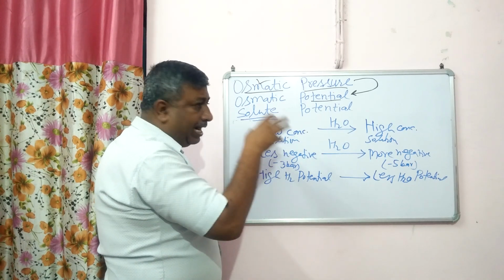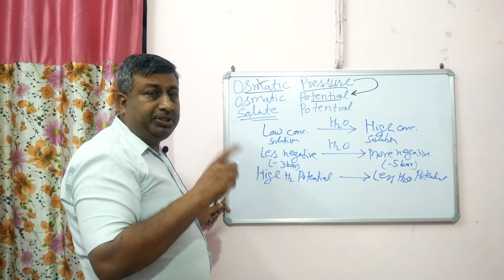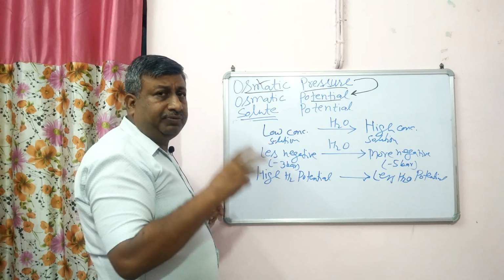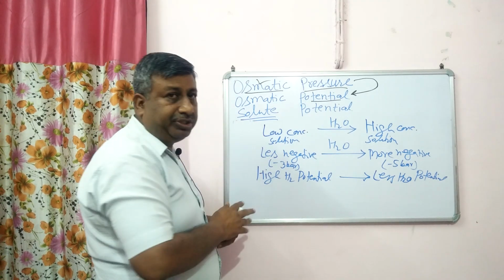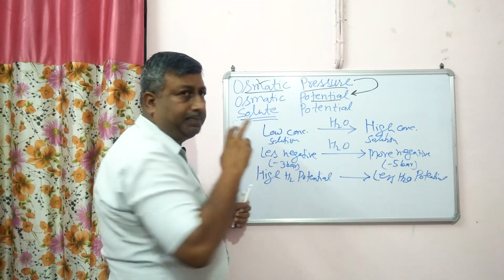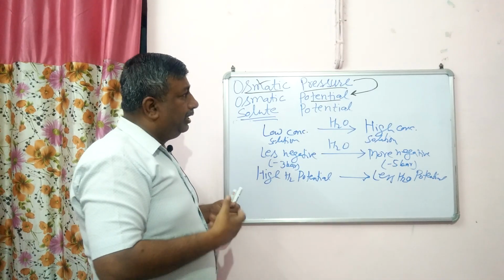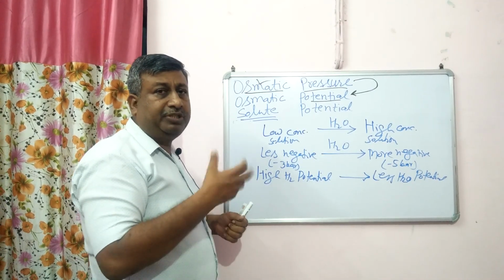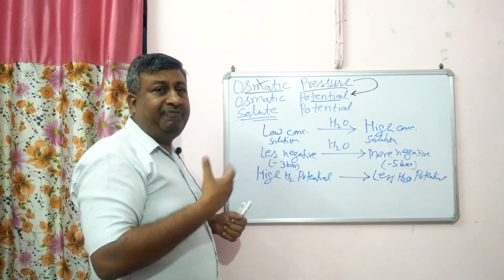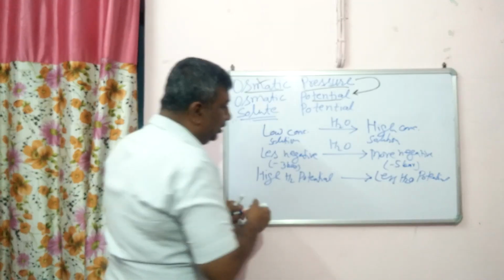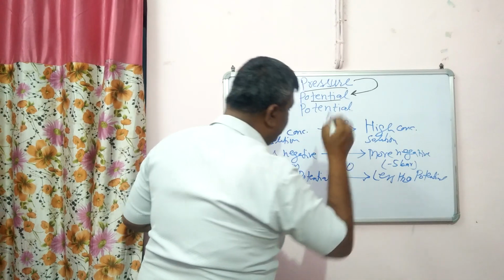And since we are adding the salt, this osmotic potential is due to addition of solute, that's why it is termed as solute potential. In old terms it is pressure, and in new terminology in modern physics it is potential. Potential is more appropriate because it describes the free energy, because there is a movement of water, that's why water potential is important.